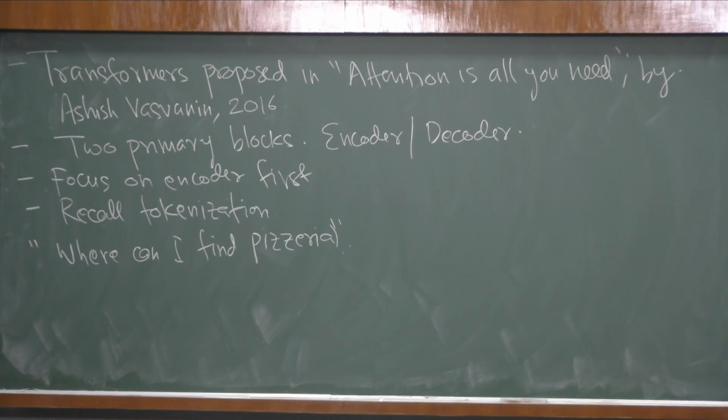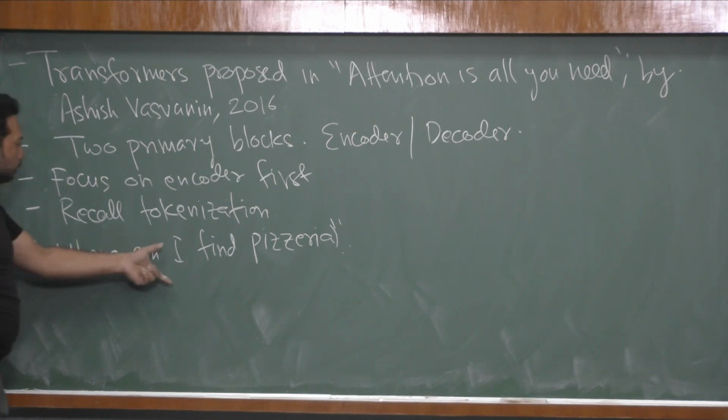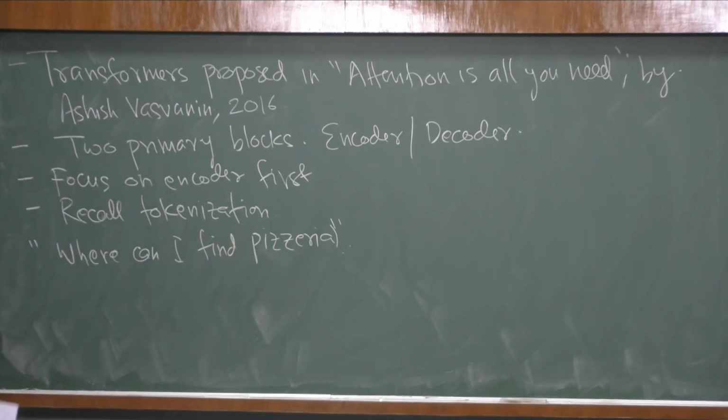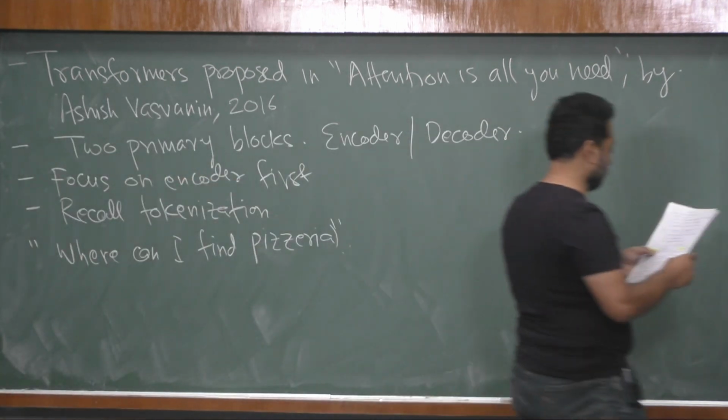Everything has to be translated into vectors. I can do it word by word, where each word has a unique vector representation, or I can do it character by character. W is a character with one representation, H has one representation, space has one representation, and so on. So traditionally we can think of two types: word level and character level tokenization.